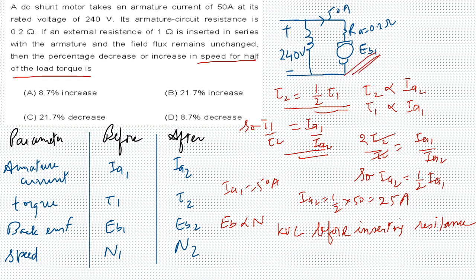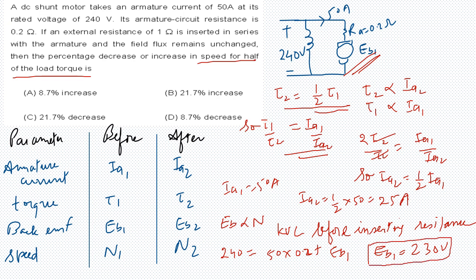If you write KVL, it is going to be 240 is equal to 50 into 0.2 plus EB1. If you solve this, you get EB1 is equal to 230 volts.